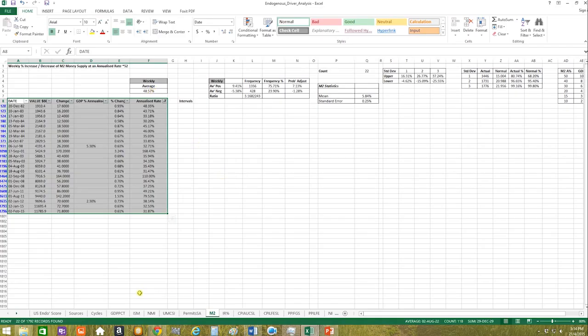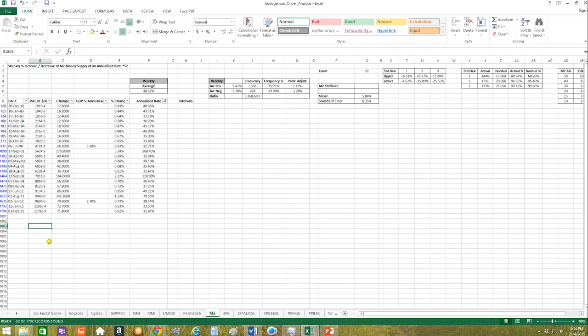And if we start to think about this and interpret this properly, we start to look at the dates. Now, excluding the ones recently, if we look at the dates here in the past, what we're finding is that there is a very high occurrence between weekly increases on an annualized basis above 30% and economic crises in the past. So this is actually quite strange behavior.